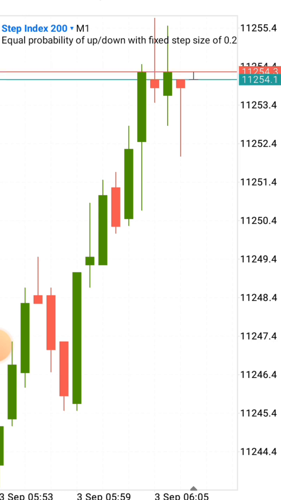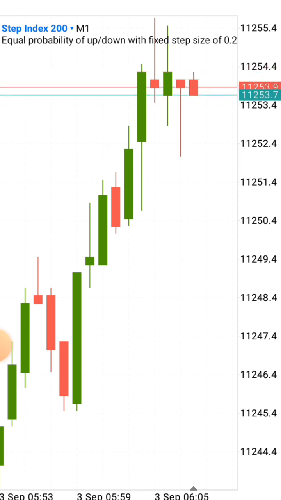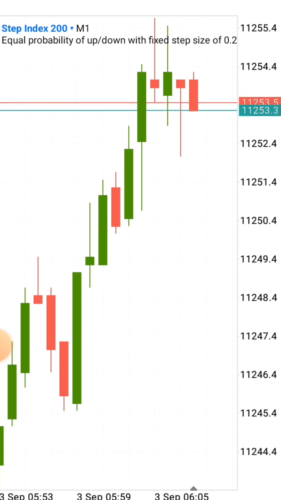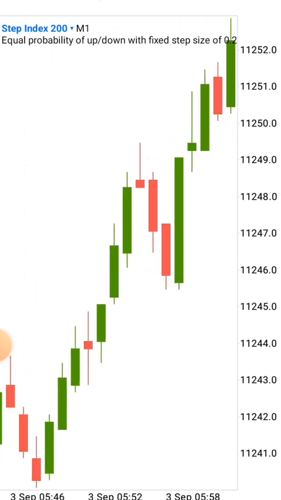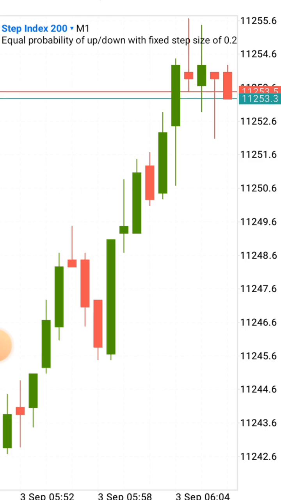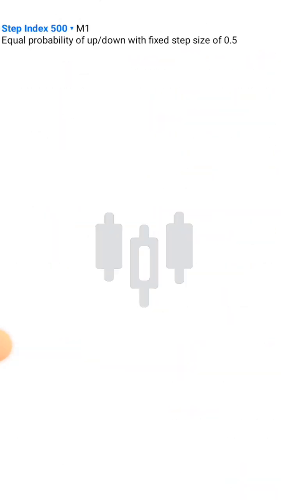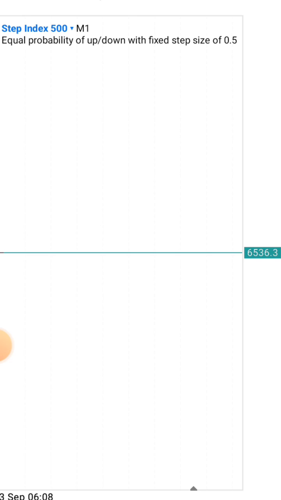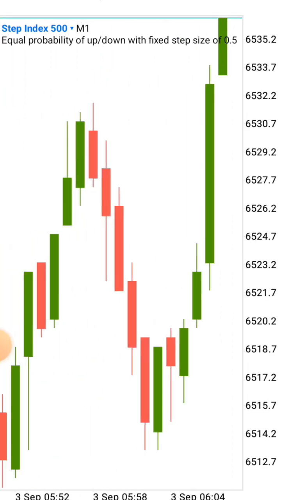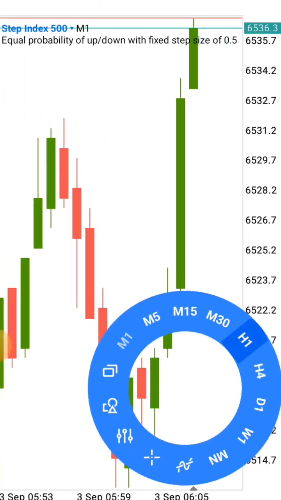If you place $1, that is $1, $1. You know that. So whenever you are placing with this, you need to be very, very careful. Please don't even try to make a mistake of venturing into this market without considering the consequences. That is why I'm making this video. Don't ever step into step index 200 or even 500 to make a mistake of rushing into the market without considering its consequences, because you will be the first to regret it.